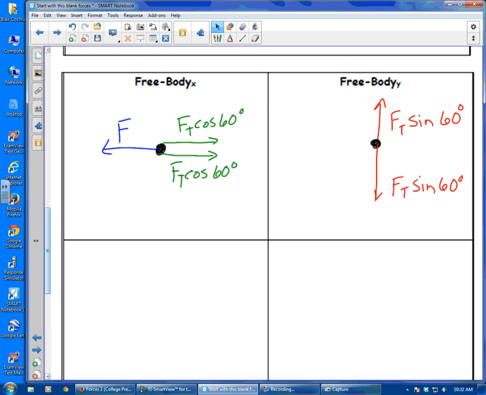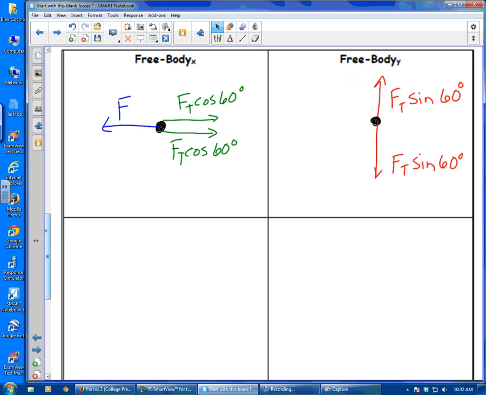I'm not going to do anything on the y side because I'm looking at that and it says, okay, since there's no acceleration, that means those 2 forces have to balance each other. All I'm going to show over there is that Ft equals Ft. Because cosine of 60 is going to cancel out, which is great. That means that it's true that the tension is the same everywhere in the band, but I assumed that at the beginning, so why go and prove it again?